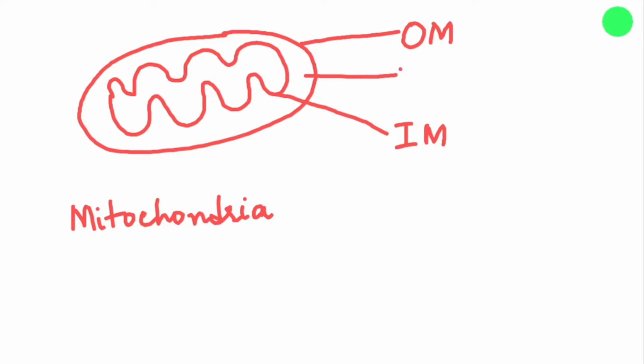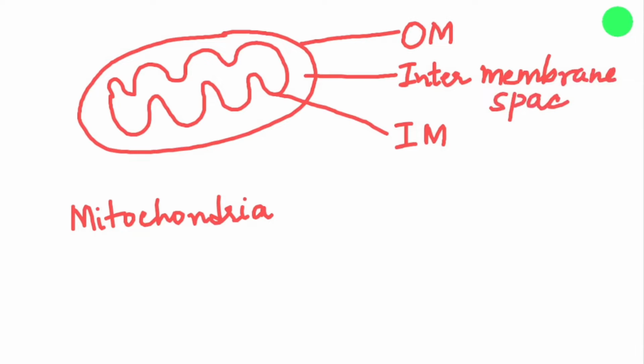The space is called intermembrane space. And what is this part called? The fluid part of mitochondria is called matrix.